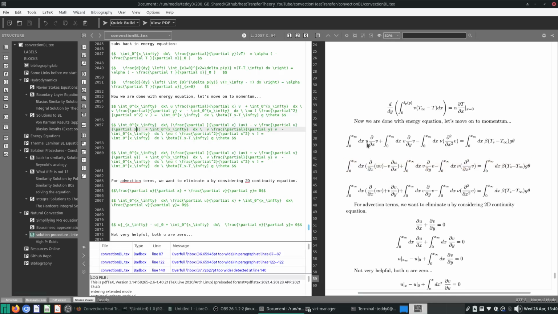So I'm bringing in the U term, and then I'm swapping around. This is just the product rule. And what do we notice about del U del X here?